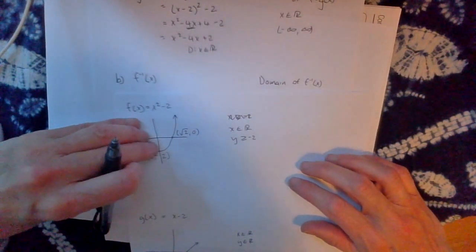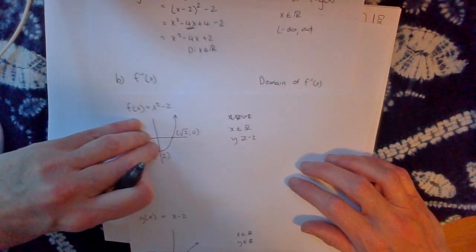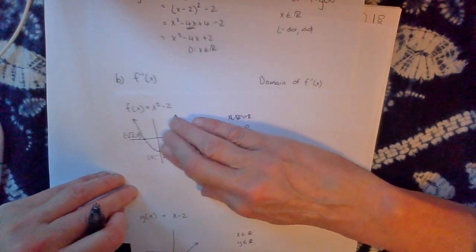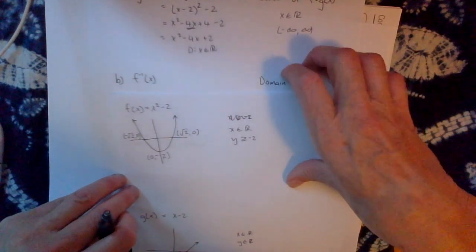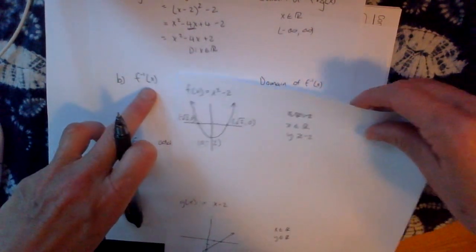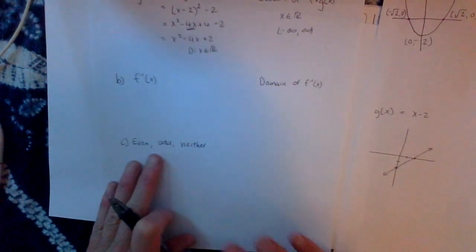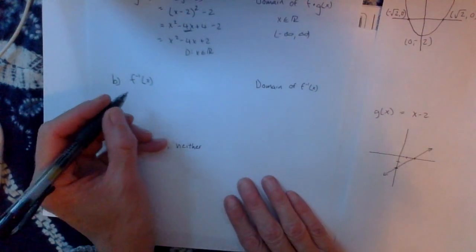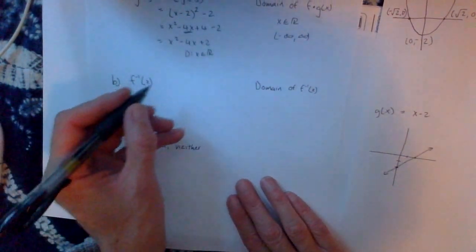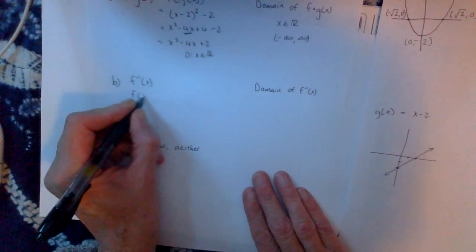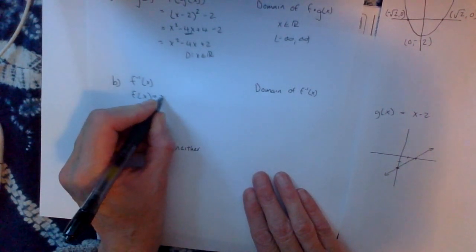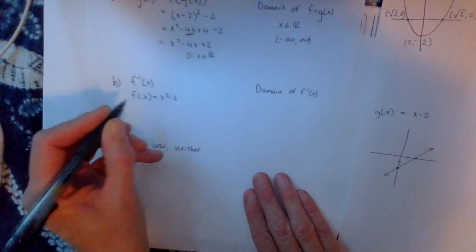So I need to limit my domain either to x is always positive or to x is always negative. So let's do the algebra to find the inverse function and then find out what our domain needs to be.